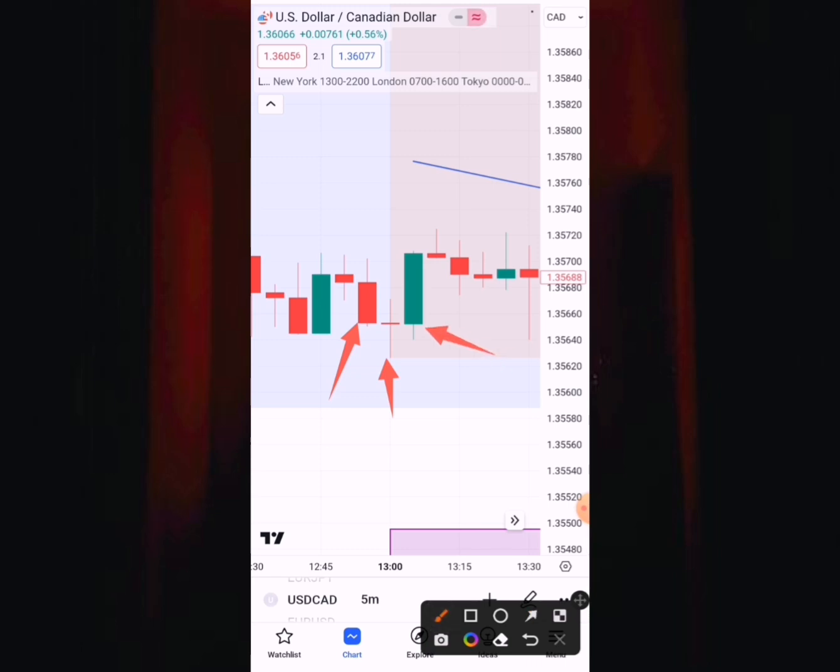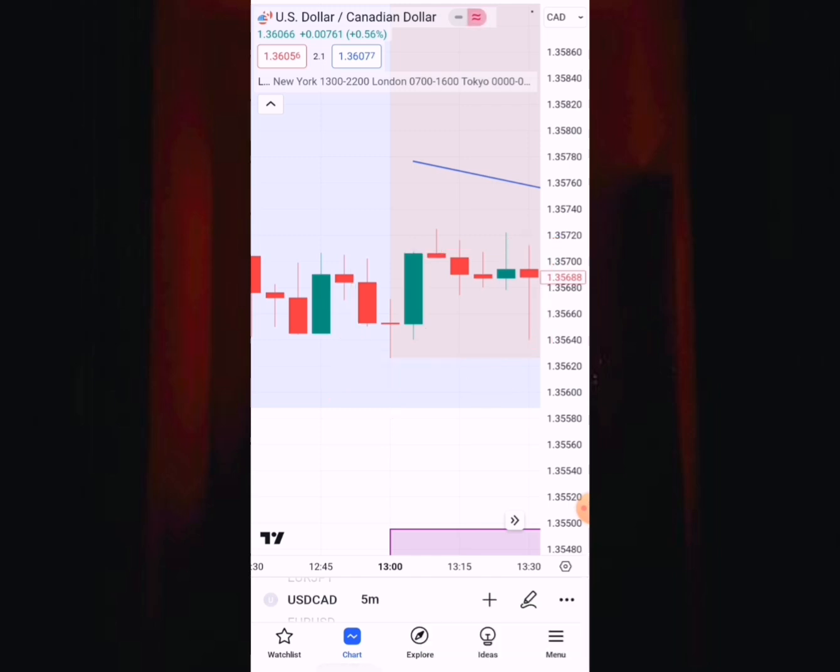And then the highest part is here on the green part, and then the lowest part is there on the indecision candle. You consider even the wicks. Once you have done that, you can then highlight like that, and then you wait for price. If it closes above, you buy. If it closes below, you sell.